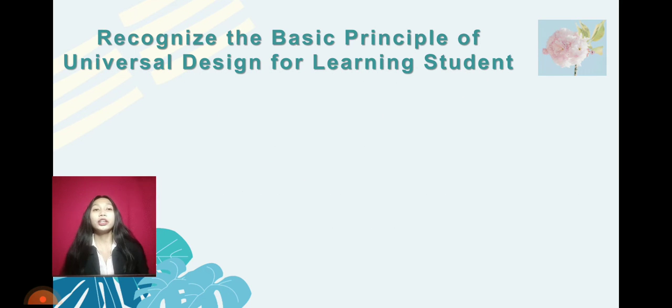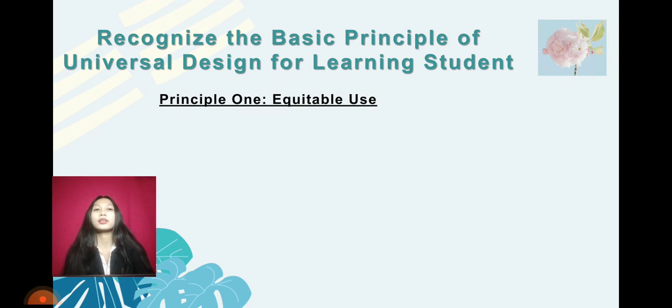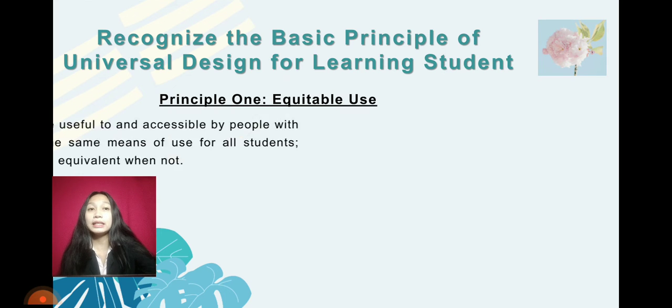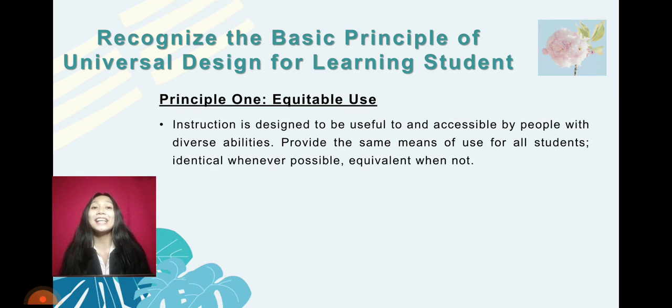Recognize the basic principles of universal design for learning students. First, we have equitable use. It means instruction is designed to be useful and accessible to people with diverse abilities. It provides the same means of use for all students, identical whenever possible, equivalent when not.